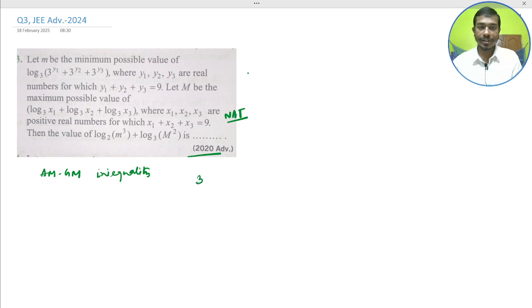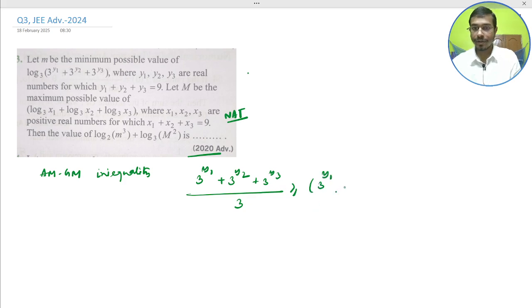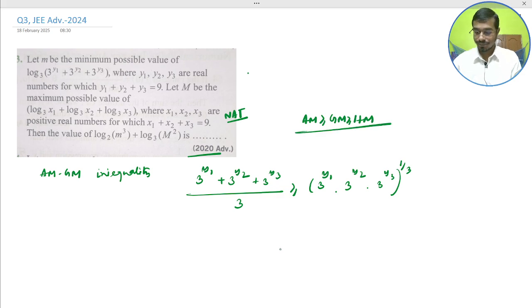AM-GM inequality means (3 to the power y1 plus 3 to the power y2 plus 3 to the power y3) divided by 3 is always greater than or equal to (3 to the power y1 times 3 to the power y2 times 3 to the power y3) whole to the power 1 by 3, because AM is greater than or equal to GM, which is greater than or equal to HM. This is the key concept.